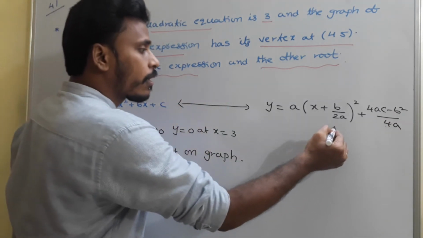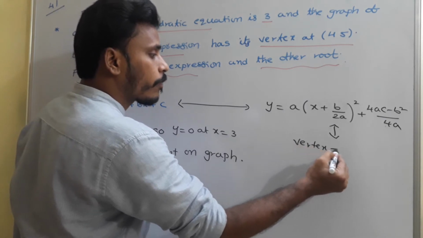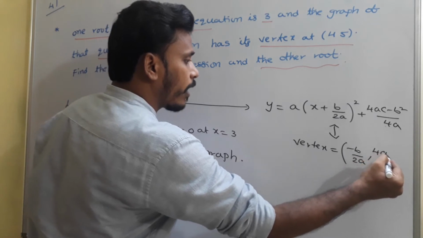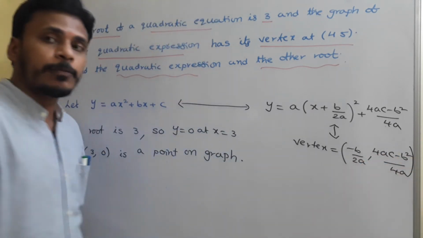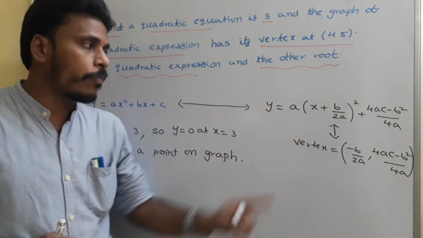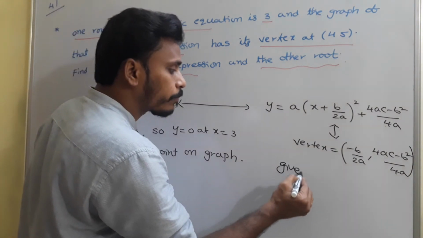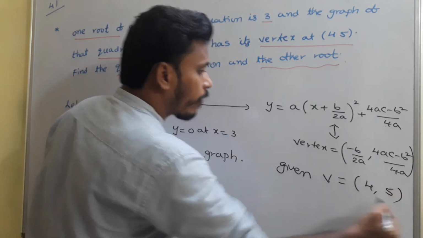And the vertex for this is (−b/2a, (4ac − b²)/4a). This is the conceptual idea: expressing the given quadratic expression in this perfect square form, from there the vertex is this. But the given vertex is (4, 5).